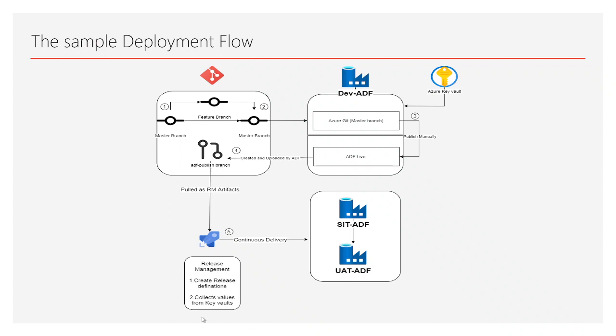After that, we will create our continuous delivery pipeline, which will pull all those things, create the artifacts, and deploy them to our SIT and UAT environments. To make everything easier, we are using Azure Key Vault to store all the secrets, so that in the dev environment we can directly fetch everything from the Azure Key Vault. In SIT and UAT environments also, the respective Azure Key Vault will provide the details.